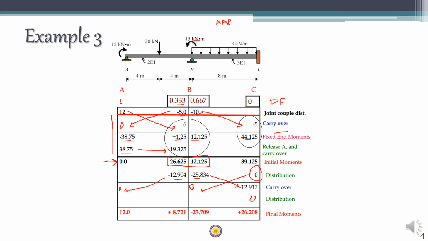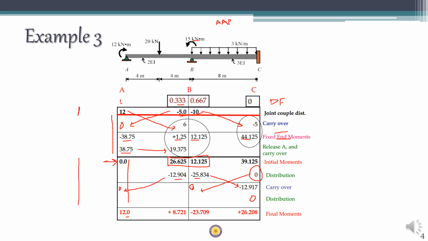So next step is you have to sum up all the values starting from the initial moment up to the distribution. So all these four values have to be summed up along with the first joint distribution moments. So 12 plus 0 plus 0, the value is plus 12.